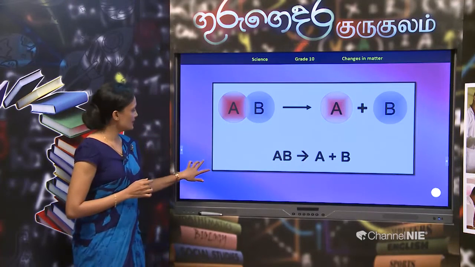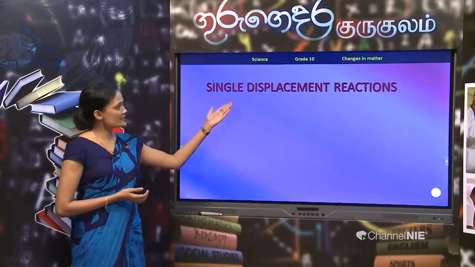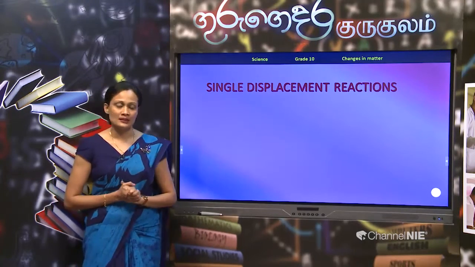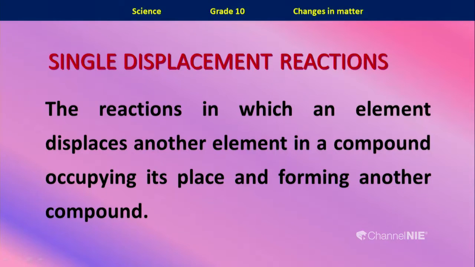Let's move to the next type of chemical reactions: single displacement reactions. That means the reaction in which an element displaces another element in a compound, occupying its place and forming another compound.